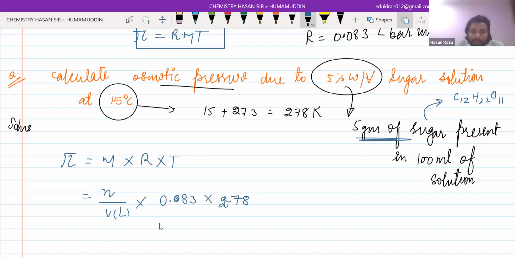Given mass is 5, and if you calculate the molar mass of sugar, that will be 342. The volume of solution is 100 ml and you have to convert this into liter, so we need to divide it by 1000. And again, R will be 0.083, into 278. You can calculate this afterwards.